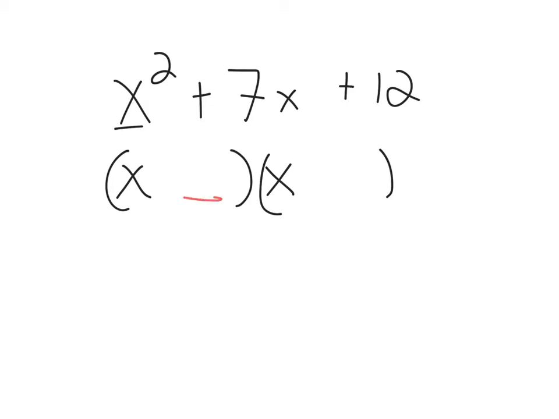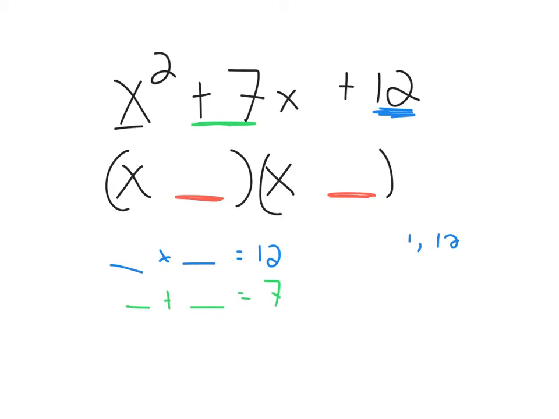Now what's going to go here and here will be two numbers, and those two numbers will multiply to be 12, and they will add to be 7. So I always like to start off with the factors of, in this case, 12, which are 1 and 12, 2 and 6, 3 and 4.